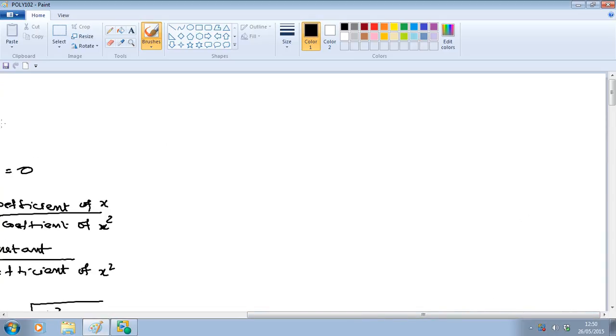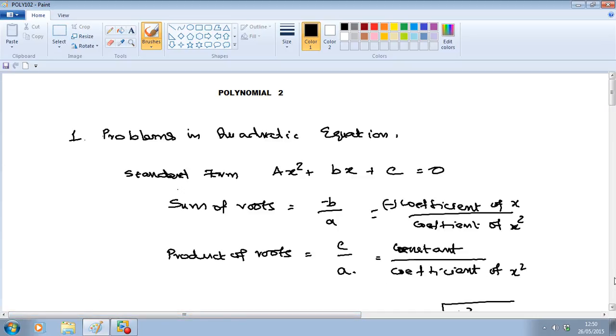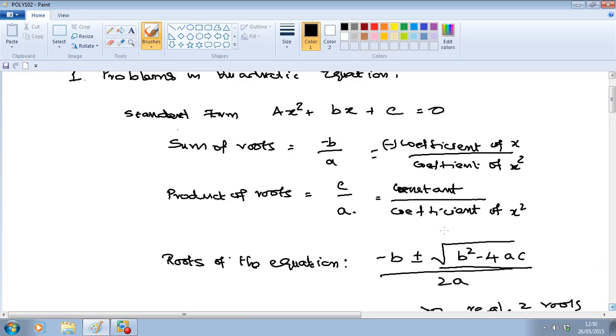So what is a quadratic equation? The standard form of a quadratic equation is ax² + bx + c = 0.